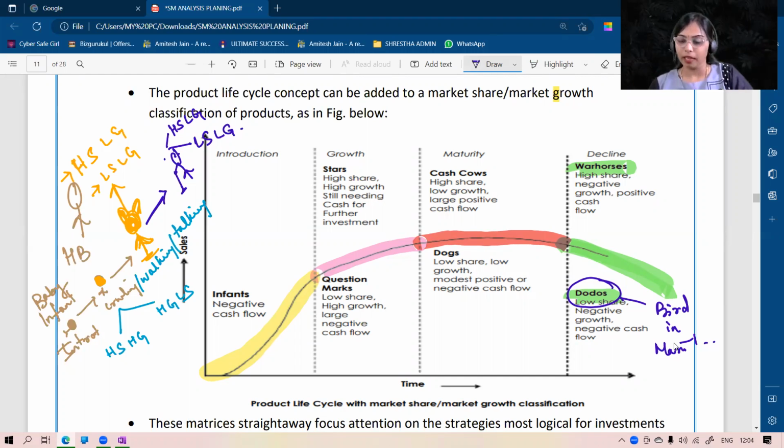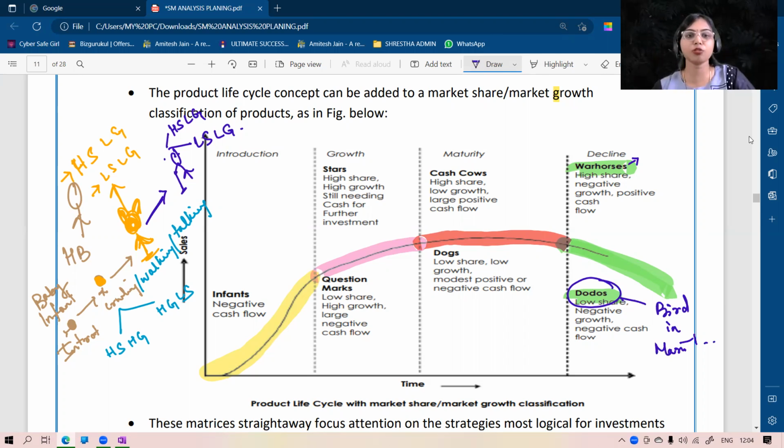War horses are horses that have a beautiful way of running. They have high share but negative growth, so positive cash flows are also there. These are the words they have dedicated: infant, question mark, stars, cash cow, dogs, war horses, and dodos.